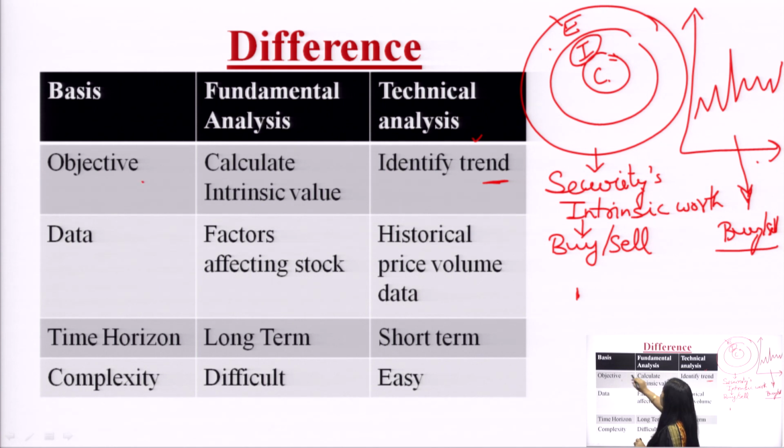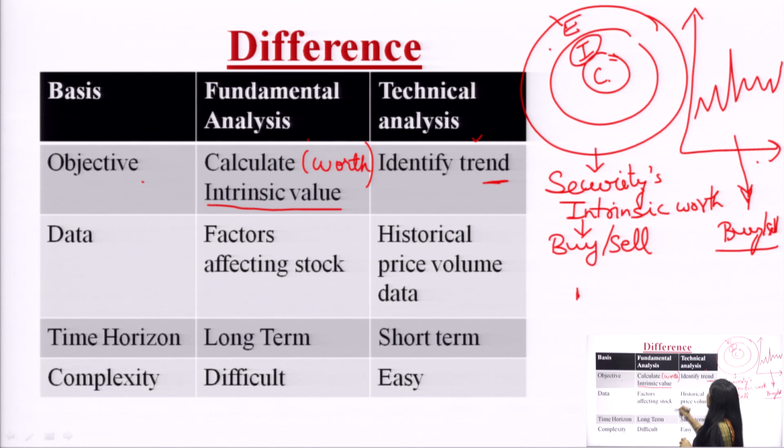Here the objective of the fundamental analyst is to find out the intrinsic value. Intrinsic value is the worth of the security, whether it is worthy or not. And here the technical analyst's objective is to find out the trend, what the trend in the market is, whether there is a bullish trend or a bearish trend.